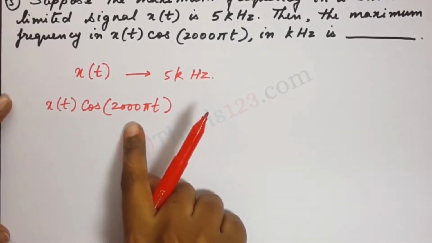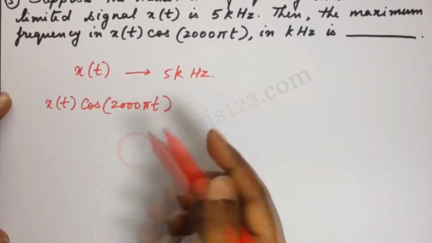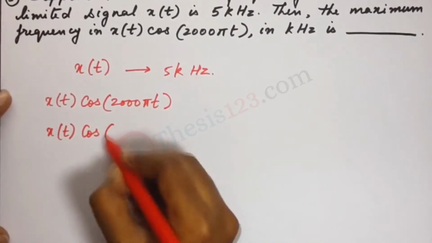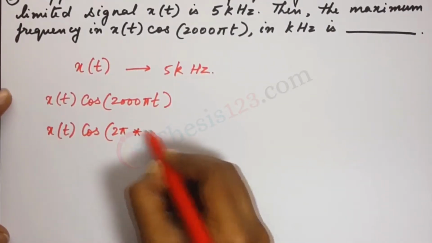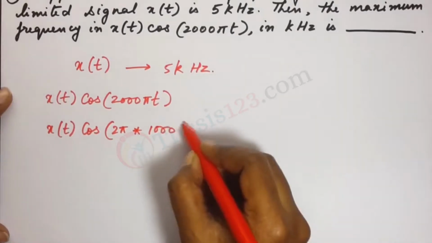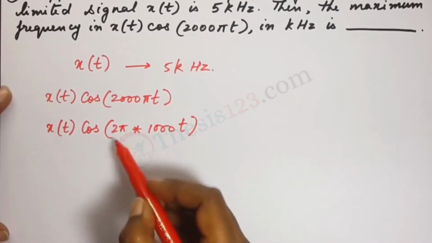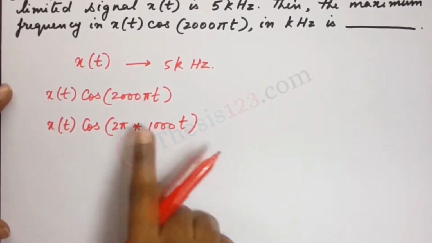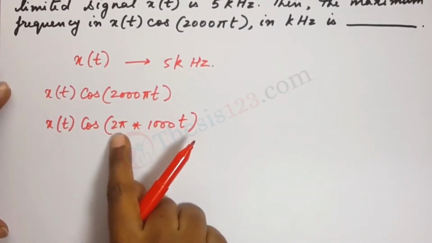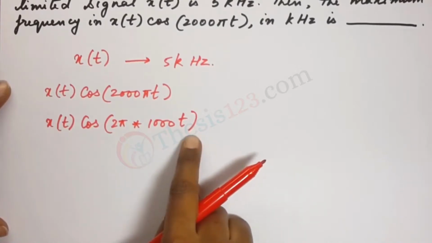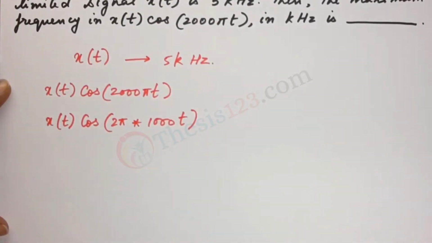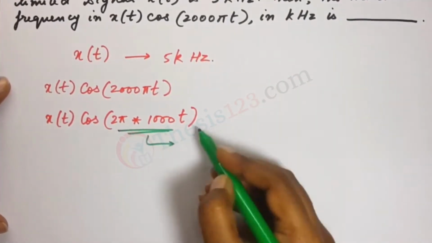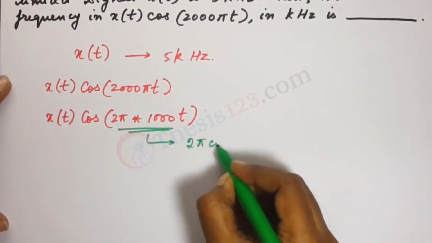Now if you will notice here, we can split this and write it as x of t cos of 2 pi into 1000 t, because usually we write it as 2 pi omega t. So that's why in splitting it, we'll be able to write it as 2 pi times 1000 t. So I'll just write that here. The form which you have to note is usually in terms of 2 pi omega t.